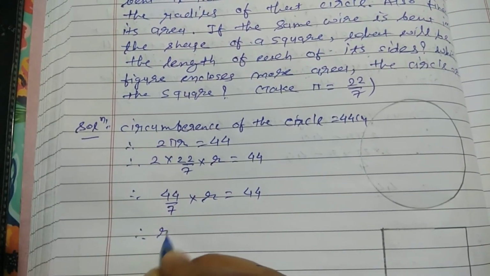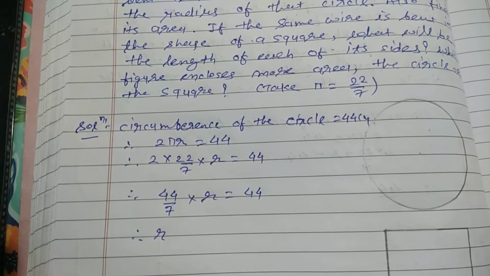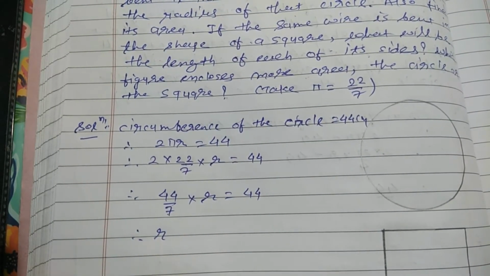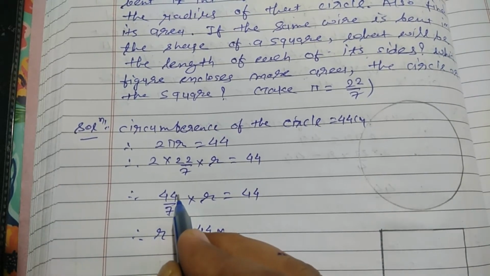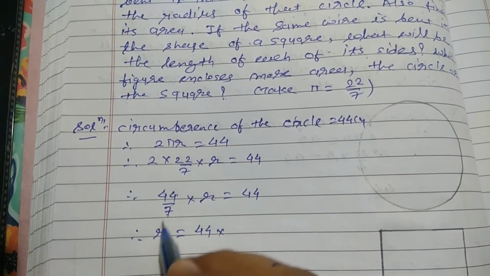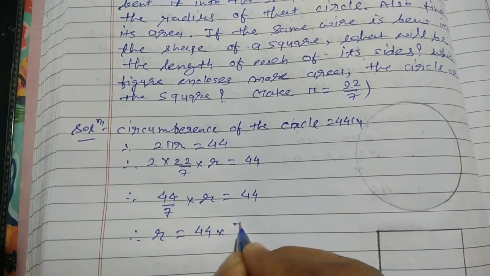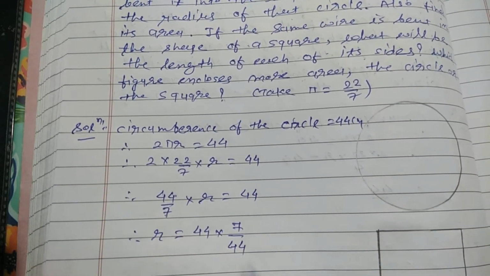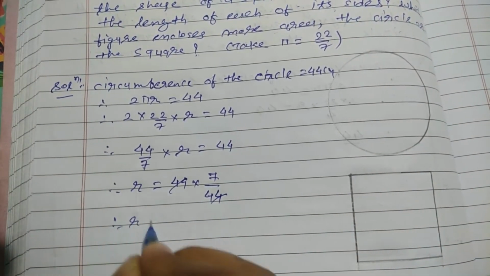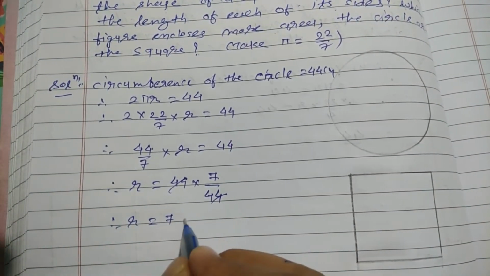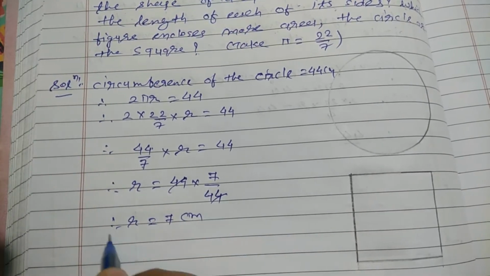We have to find r, so we will remove this 44 by 7 and take it to the right hand side. So what will happen? Numerator and denominator interchange, that is 7 divided by 44. 44 cancel, therefore radius is equal to 7 and the unit is centimeter.